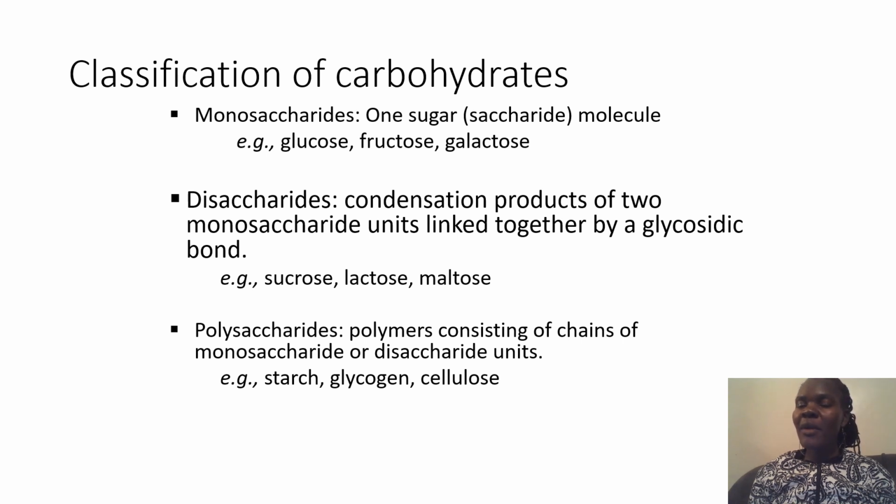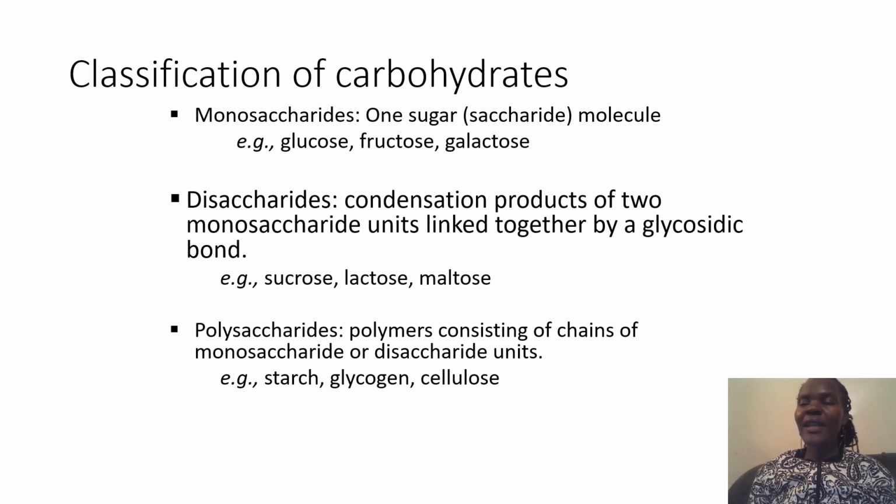Classification of these carbohydrates doesn't change. We have the monosaccharides, the one sugar, the simple sugars, which you can't hydrolyze further. They are simple such that you can't hydrolyze them further. The best examples of the monosaccharides are glucose, fructose, and galactose.